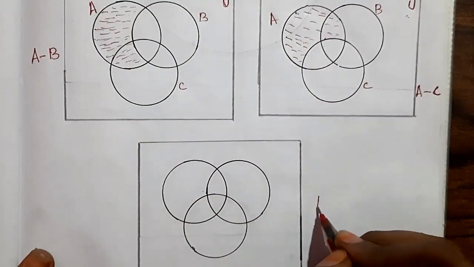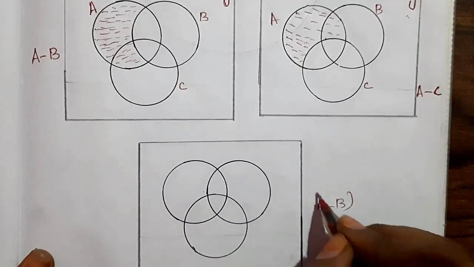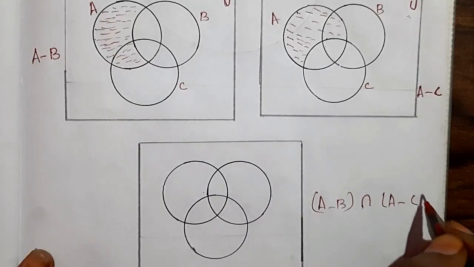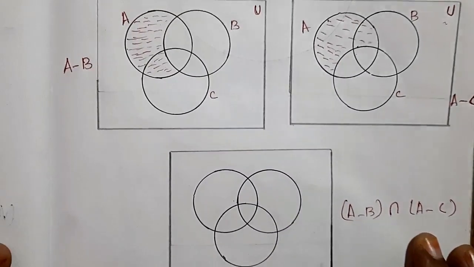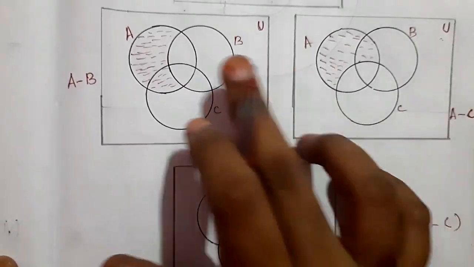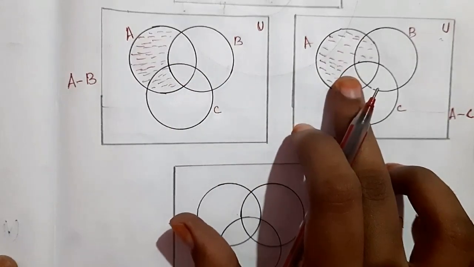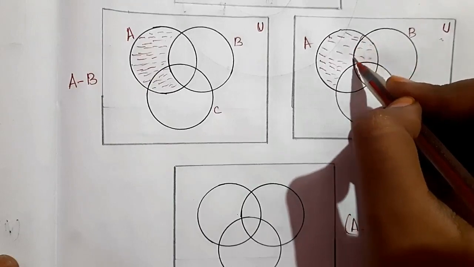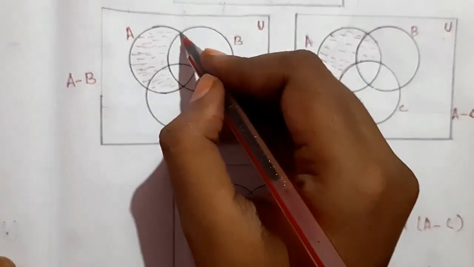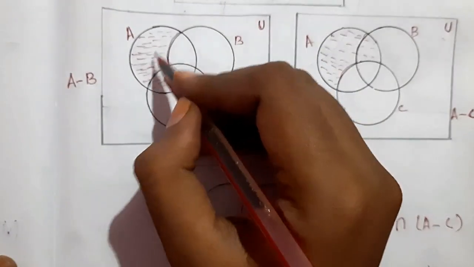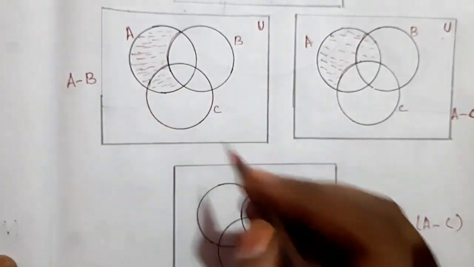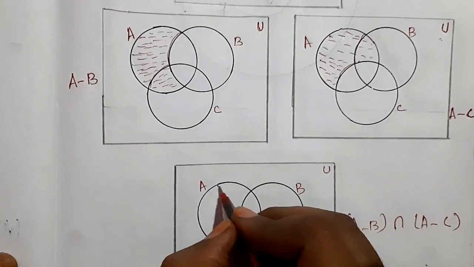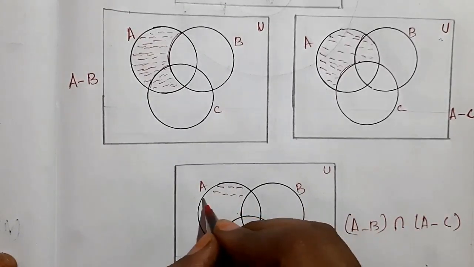Next we can do A minus B intersection A minus C. So we are going to do the intersection of these two sets. Intersection means common. What are the parts common here? See, only this part is common. So we can shade this.